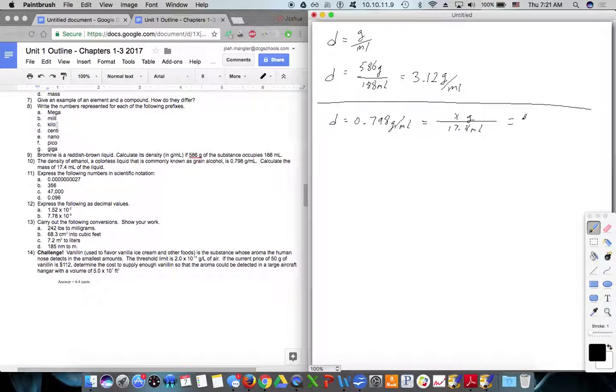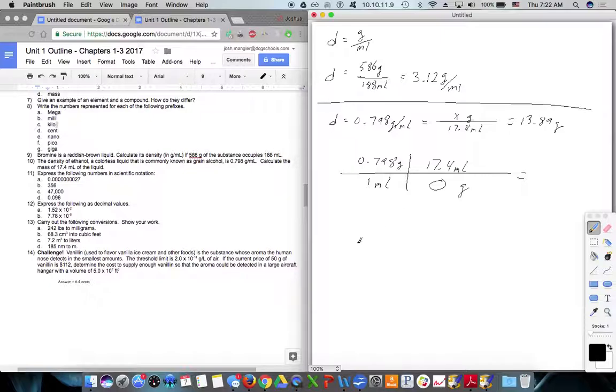Equals 13.89 grams. We could also do it this way: 0.798 grams per milliliter. So we're going to put our 17.4 milliliters up here, and then we're looking for grams. I don't really like it this way because we're looking for something in the denominator, but it works out the same way. You're going to end up with that 13.9.